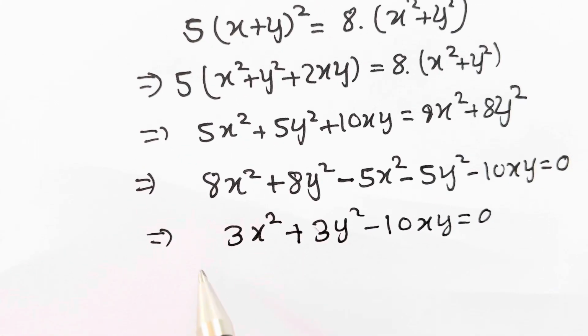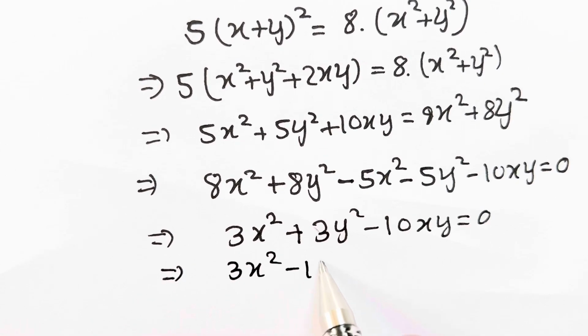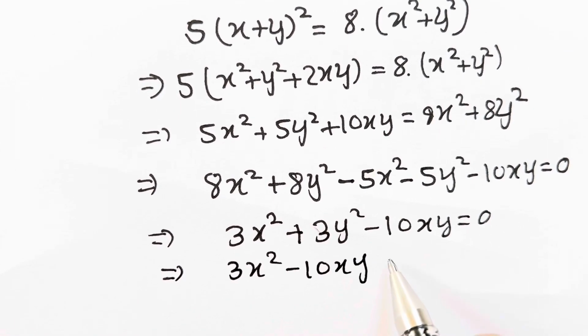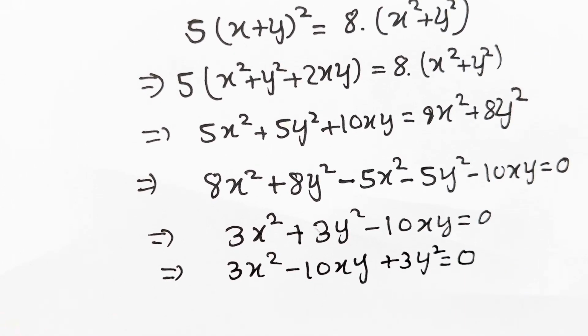We can write this equation as 3x square minus 10xy plus 3y square is equal to 0.